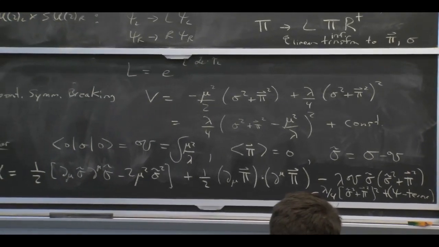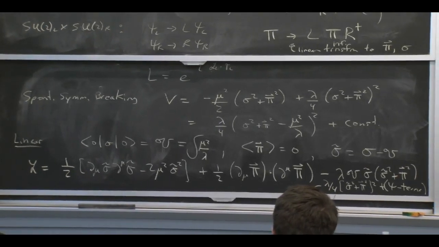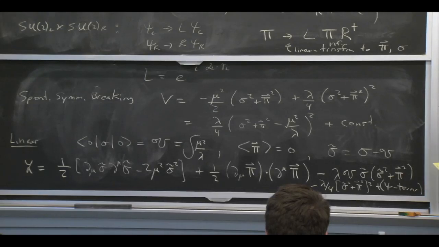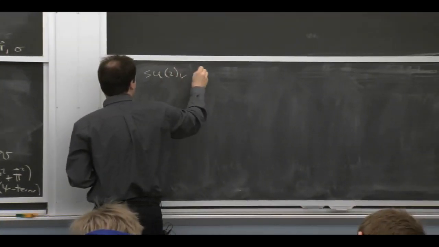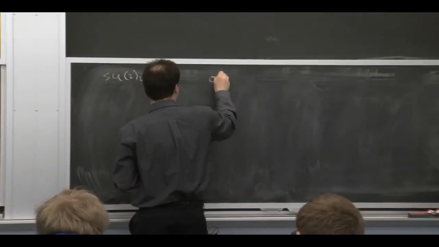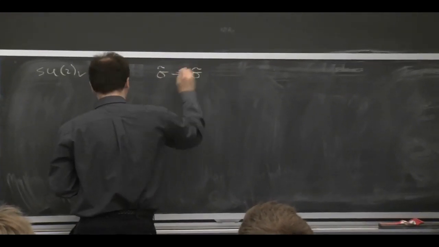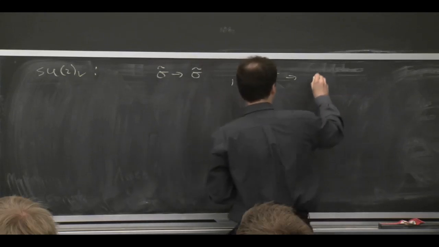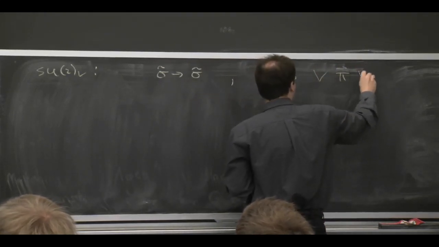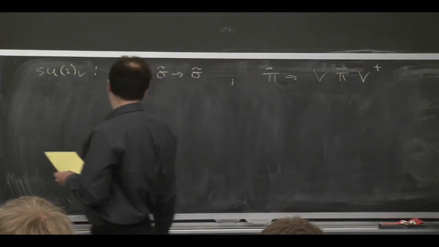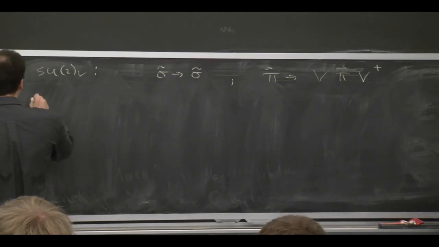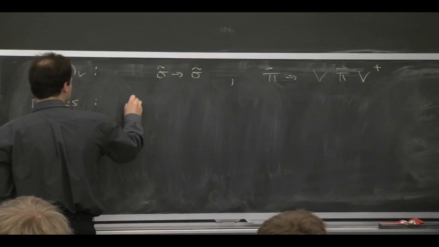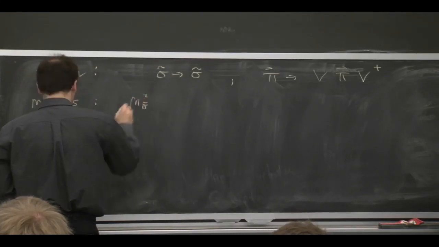And the vector subgroup, which remains unbroken, is no transformation for sigma, and the pi field has left equal to right. So we just get some matrix V on both sides. And if we look at the Lagrangian that we have, then we can identify the masses of various things at tree level.